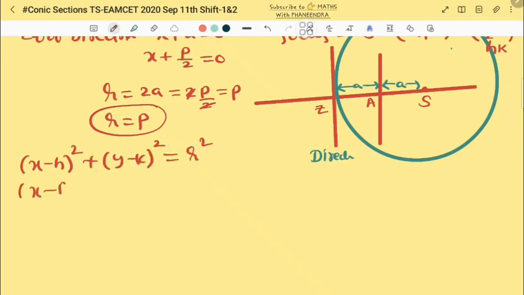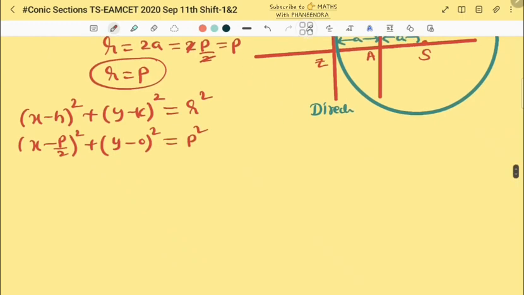So x minus p by 2 whole square plus y minus 0 whole square equal to p square. So you can expand this circle equation: x square plus p square by 4, 2 into x into p by 2 means 2 gets cancelled, minus xp, plus y square is equal to p square.